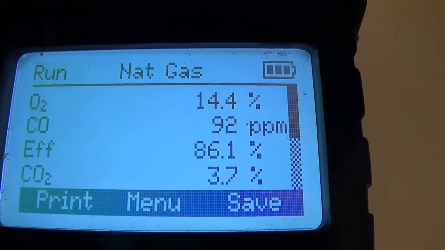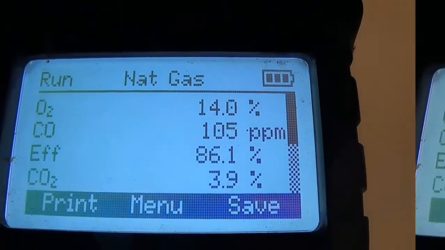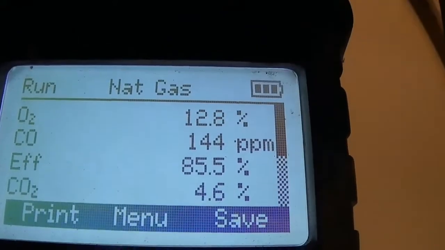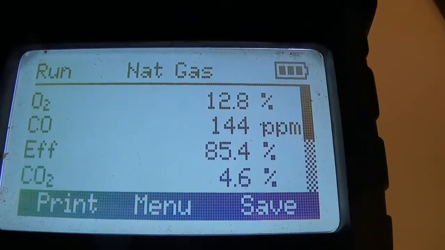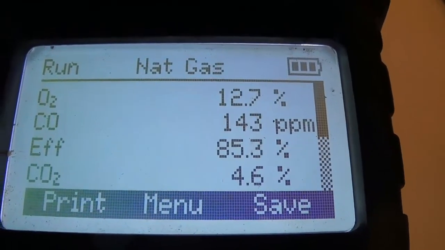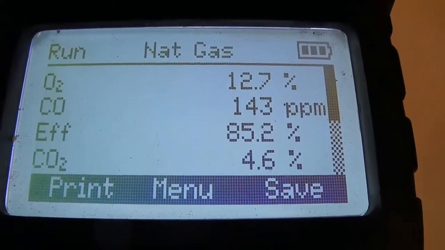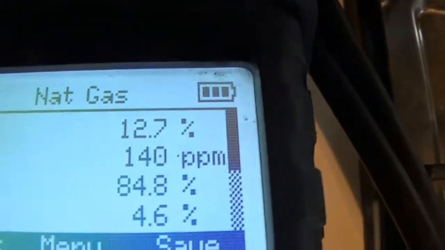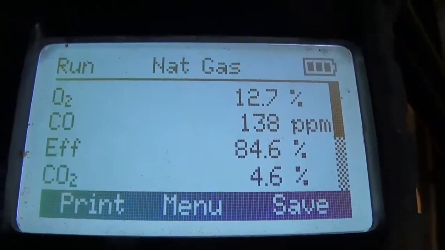It's going to go above 100, but now I'm just going to leave this in here to see that parts per million number start to drop back down. There we go. So now I leave it, and I watch it get closer and closer to 100. Once it gets below 100, pass.